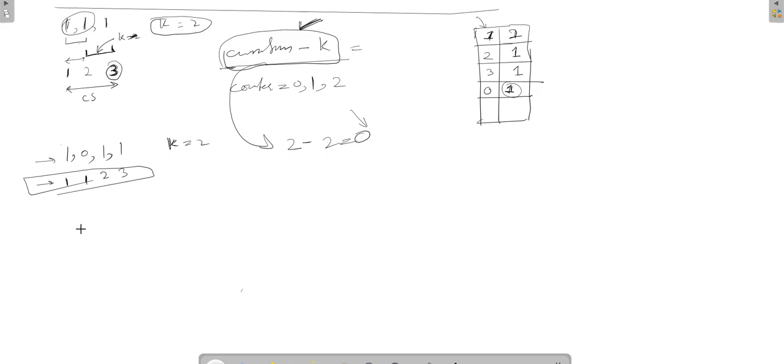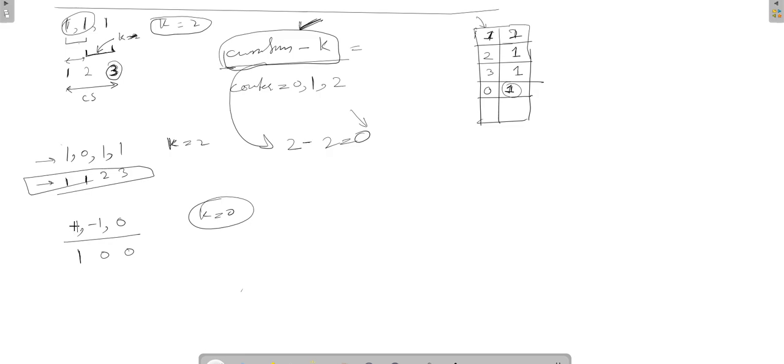Well, there is another edge case. Let's say we have 1 and minus 1, and then we have 0, and k is equal to 0, right? Now in this scenario, the prefix sum here is 1, then it goes to 0, and then it is also 0 here. Now what would happen here?